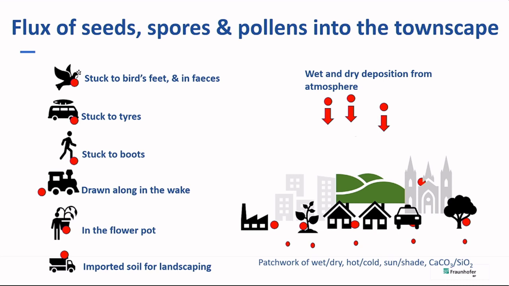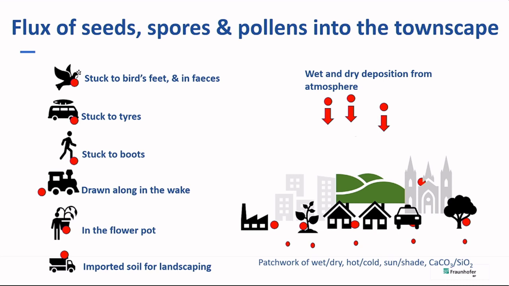And there's also wet and dry deposition from the atmosphere, much as was talked about by Sim Tang in her talk, but for gases. These particles are very small, and so they're washed out of the atmosphere. If they land on a pristine environment, imagine some hills in the borders, they may or may not find a site to germinate.